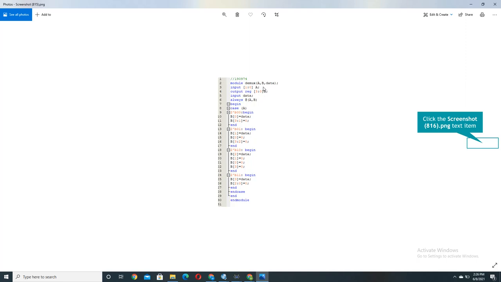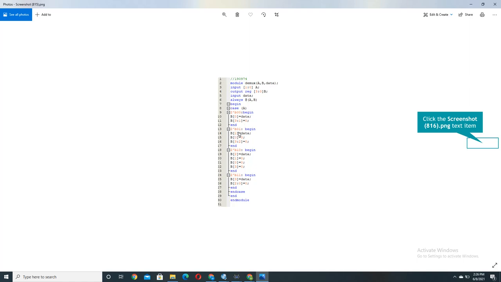We have to go to the 1 cross 4 demux. So we have 2 bits of selection and 1 bit of data. So when we use the always statement and begin the case, when the selection line is 2'b00, then our B0 is equal to the data value and the others would be 0.